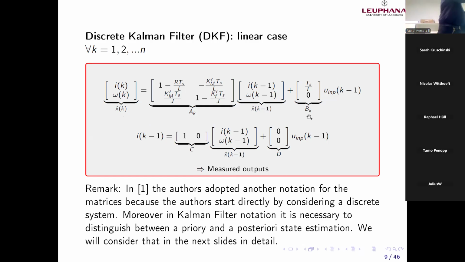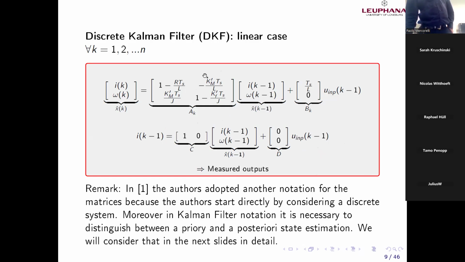The index k in the Kalman filter we omit because it's clear that it is discrete. We don't consider the continuous form of the Kalman filter. Multiplied by u of k minus 1. And also this equation here, we will see later, which is basically the discretization of the output equation we have already seen.